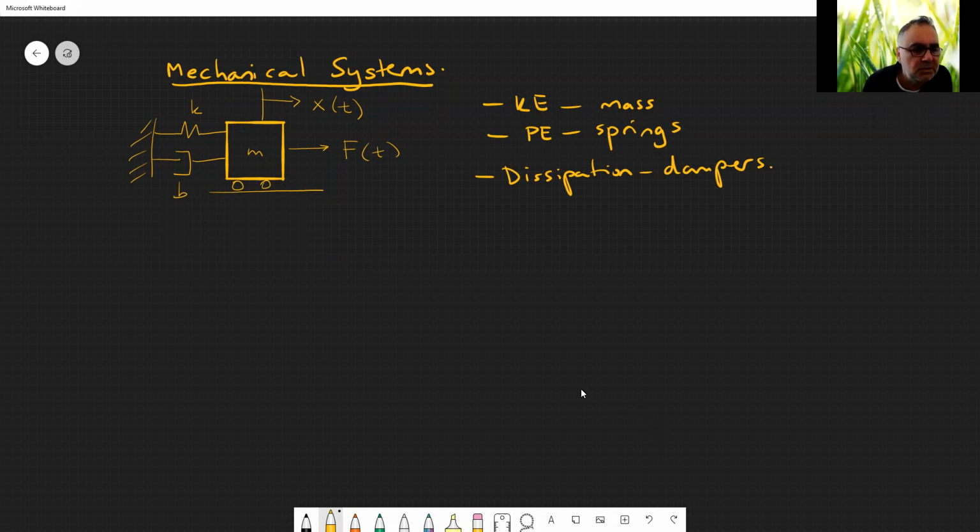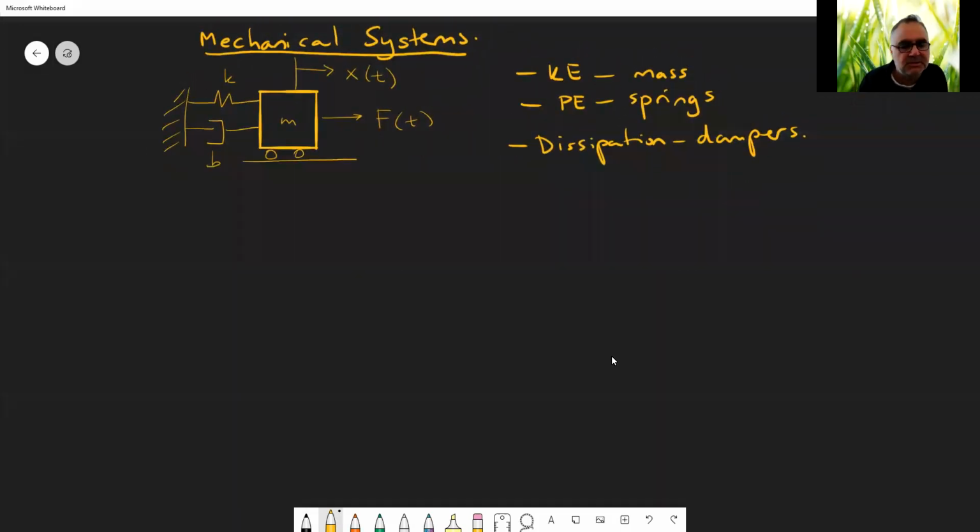We try to model them using these three elements. The real system might not look like this one, but we eventually try to reduce it to something like this. And not all systems can be reduced to this one.